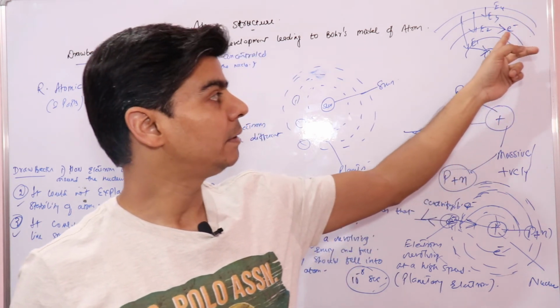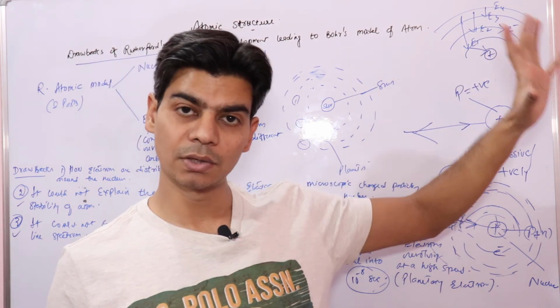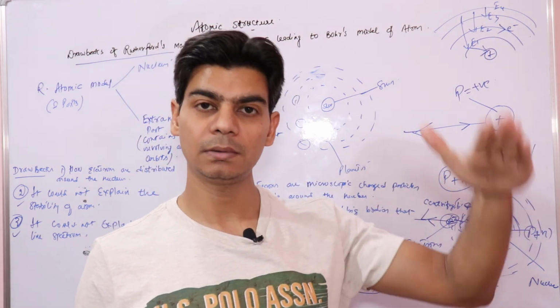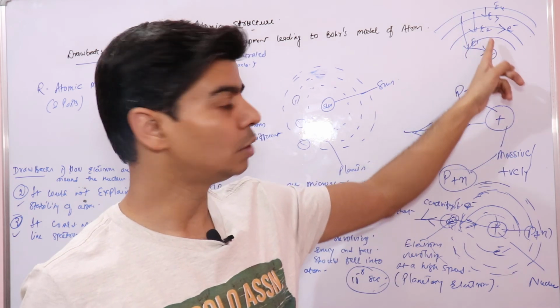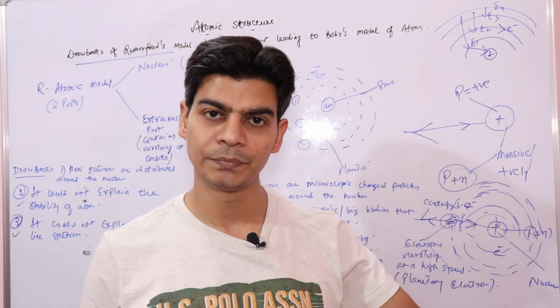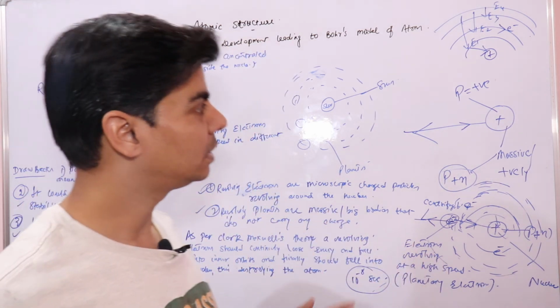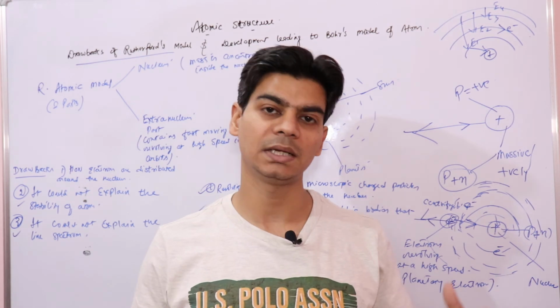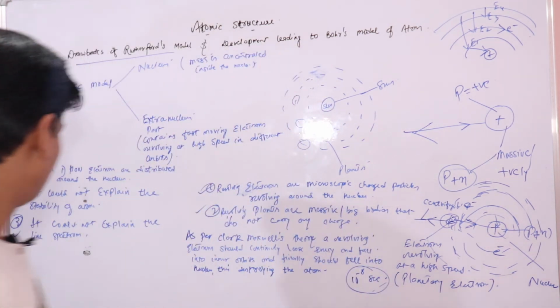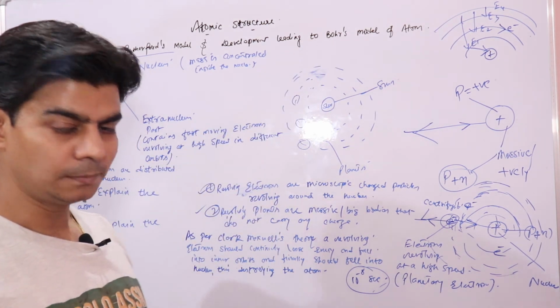And when these electrons in higher orbits return back to their ground state, to the lower orbits, they emit radiation or energy. And it is due to this emission of energy that the line spectrum and other things are explained. So what led to the development of Bohr's model?